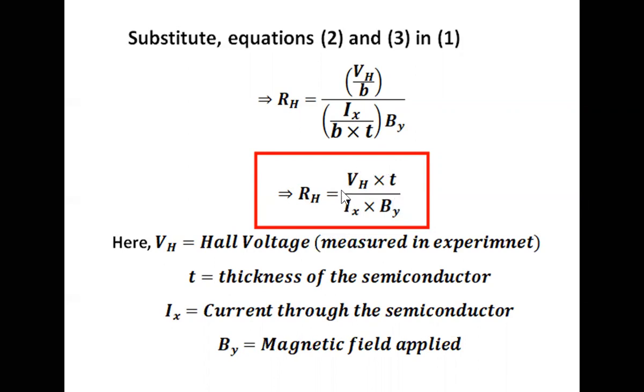That means now in the RHS everything can be measured, so that we can actually calculate the value of Hall coefficient in this particular Hall experiment. This is how we can measure the Hall coefficient by measuring Hall voltage, the thickness of the block, the current flowing through the block, and the magnetic field applied. So this is the basic expression for Hall coefficient in our experiment.